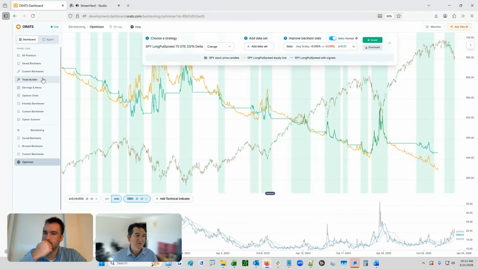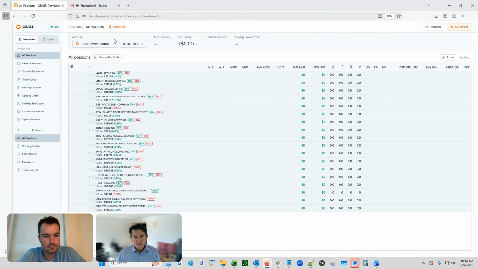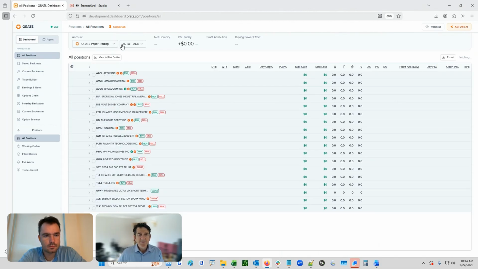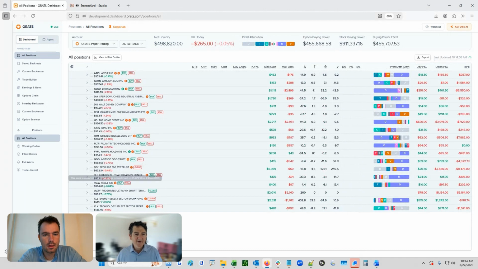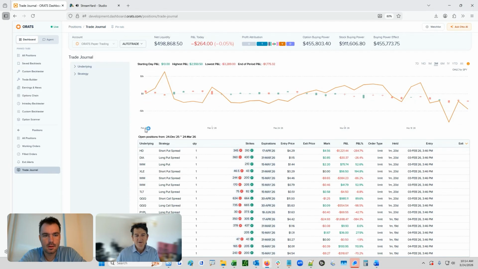So now the next step is, we're doing this auto trading, right? If you go to your positions and you go to ORATS paper trading auto trade, you'll see a bunch of positions here. Then you could say, well, how is it doing? So I go to the trade journal, and here's a trade journal since February, and I could look by underlying.